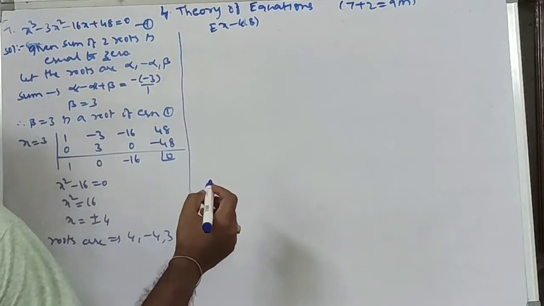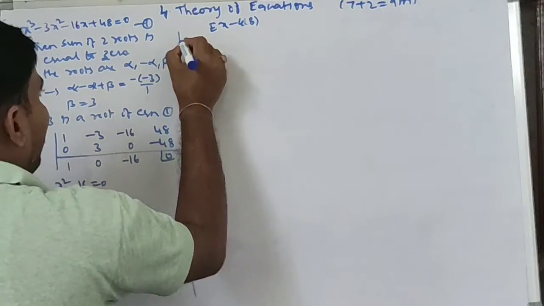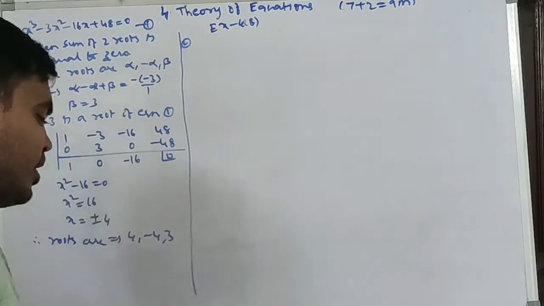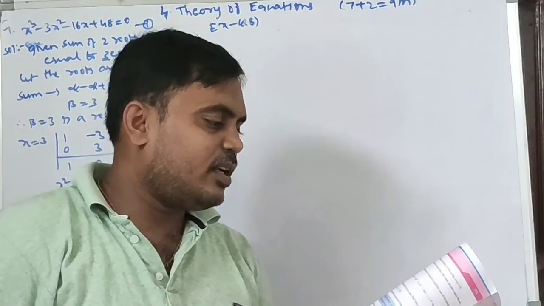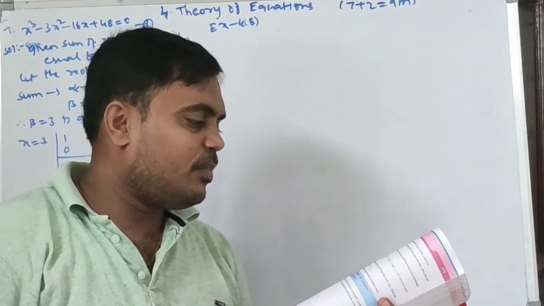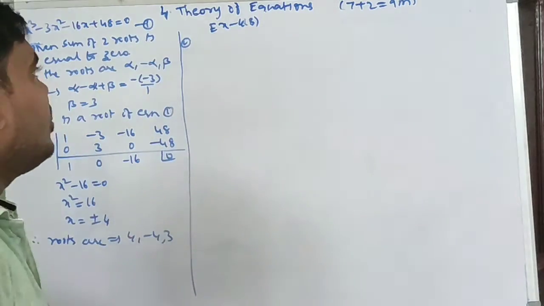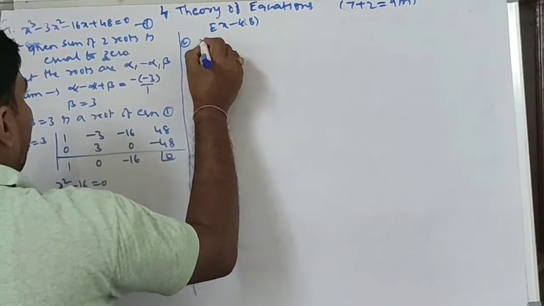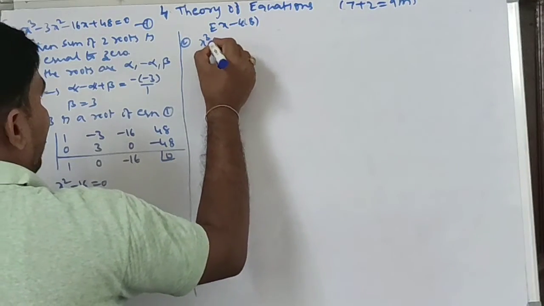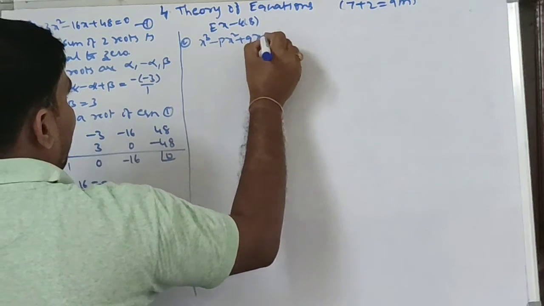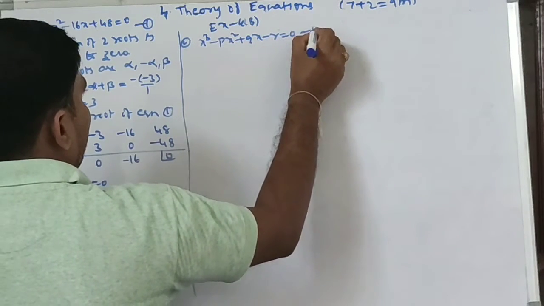Next, second: find the condition that x cube minus px square plus qx minus r equal to 0 may have the sum of two of its roots 0. Similar to this one. So the equation x cube minus px square plus qx minus r equal to 0 is the equation.